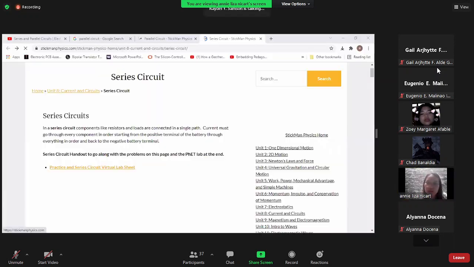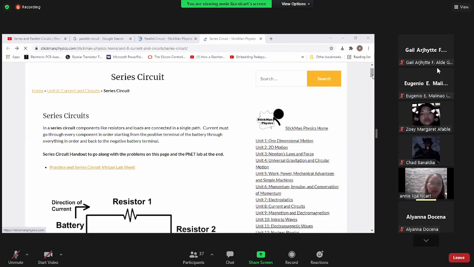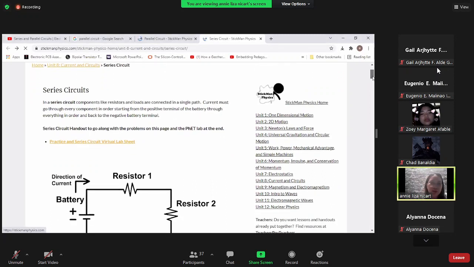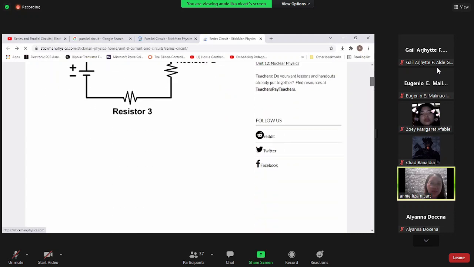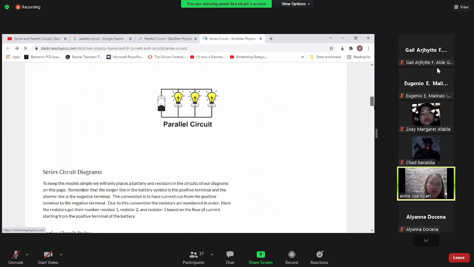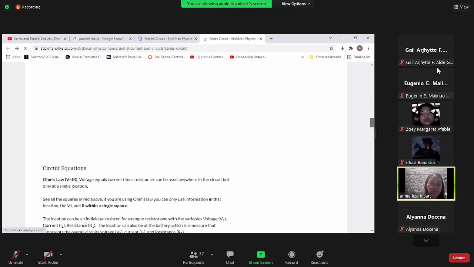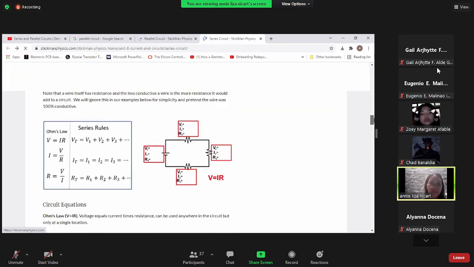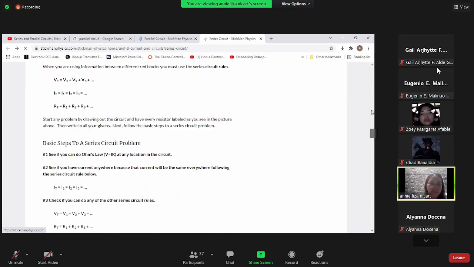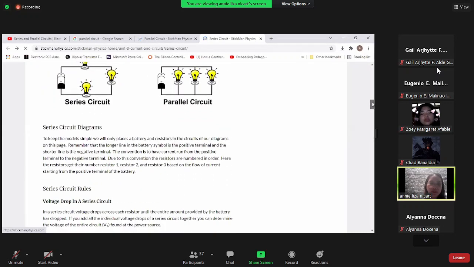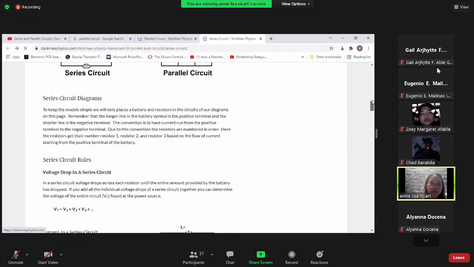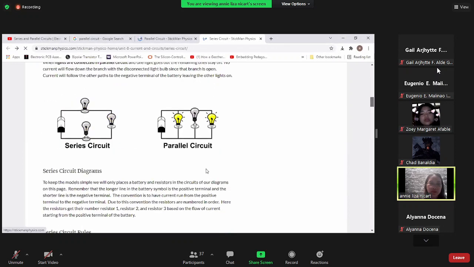Okay, so as you can see here, we have series circuits, and down here below. Can you see my shared screen? Yes. Okay.